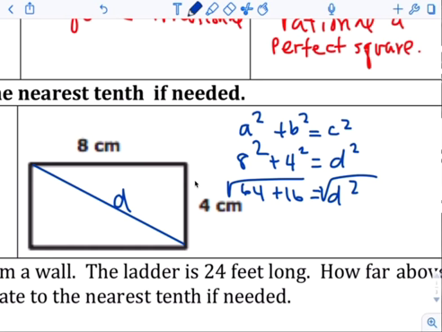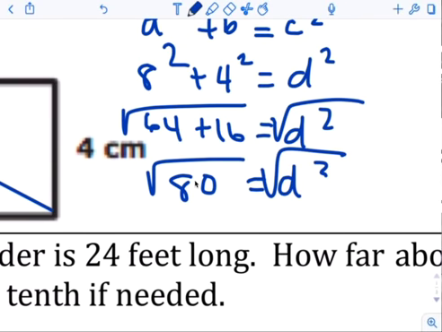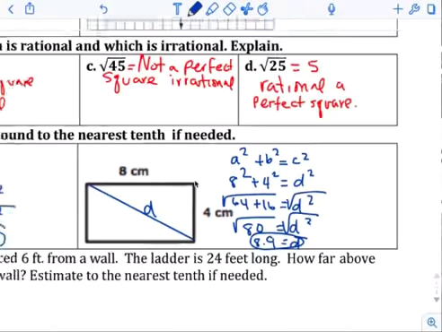Or sometimes they do this too. So that's 80 equals d squared. Take the square root. The answer is close to 81. So probably 8.9, rounded to the nearest tenth.